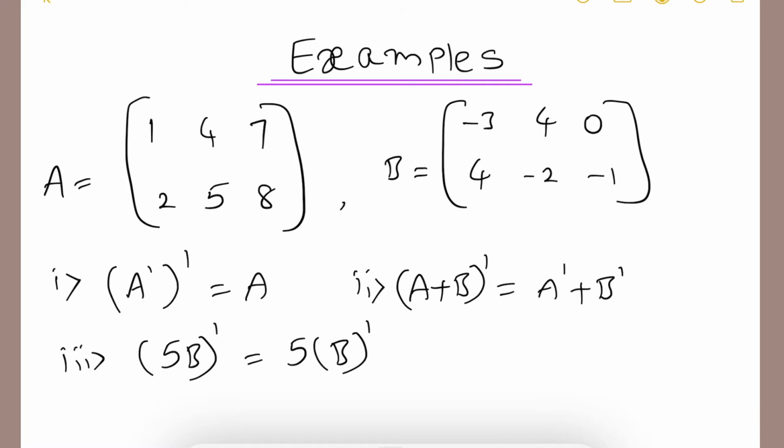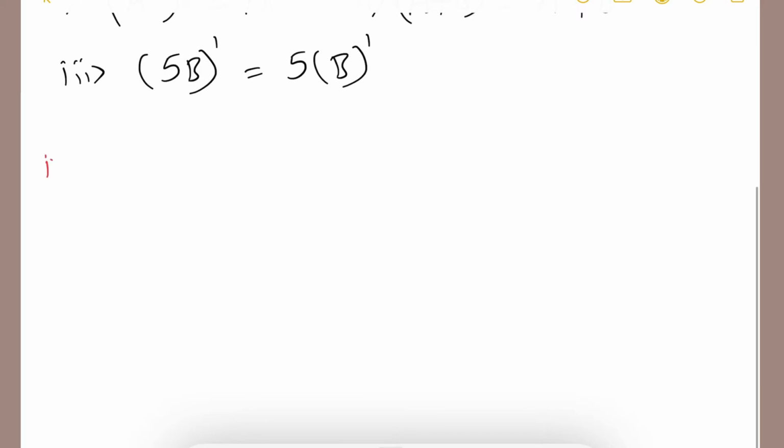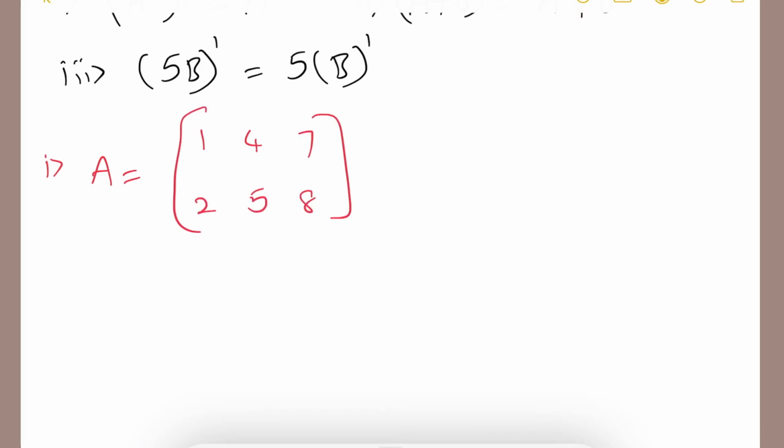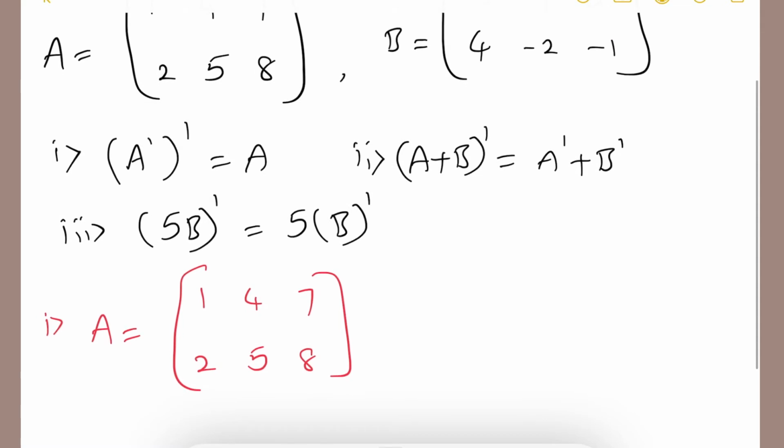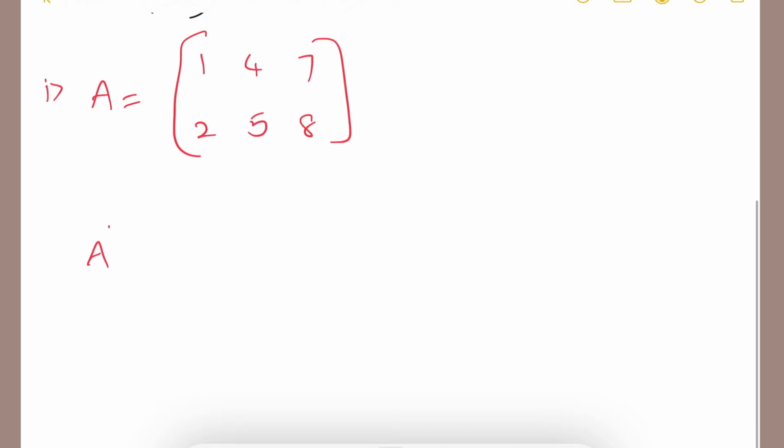I'm going to do the first one, that is (A transpose) whole transpose is equal to A. So first I'll write the matrix A again. Matrix A is equal to [1 4 7; 2 5 8]. He's asking us to show that (A transpose) whole transpose equals A. So first I will do A transpose.